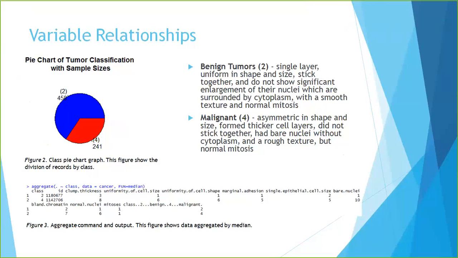Malignant cells were more asymmetric in shape and size, formed thicker layers, and had a rough texture, but they also strangely showed normal mitosis. As I said previously, it's been proven through multiple research studies that mitosis is the way cells become cancerous. So it's very unlikely that the cancer cells would exhibit normal mitosis.